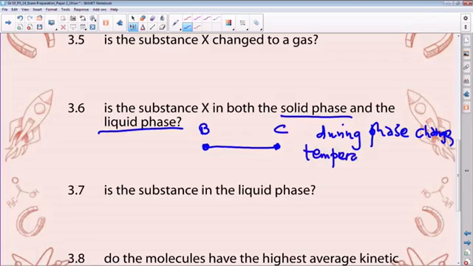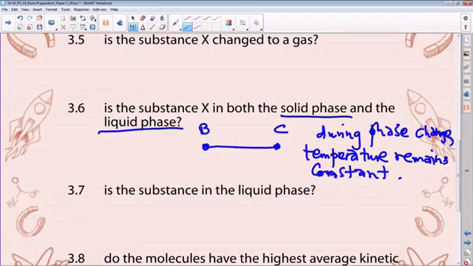Because as we continue heating, the average kinetic energy of particles increases, but during phase change, temperature remains constant. This is a very, very key concept in this experiment, right?